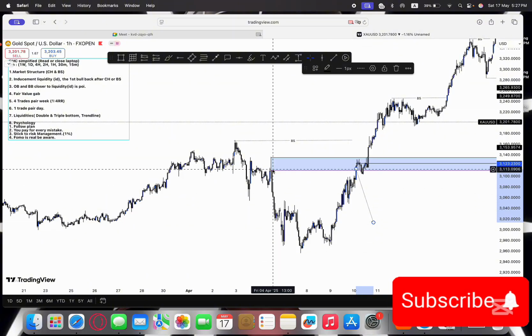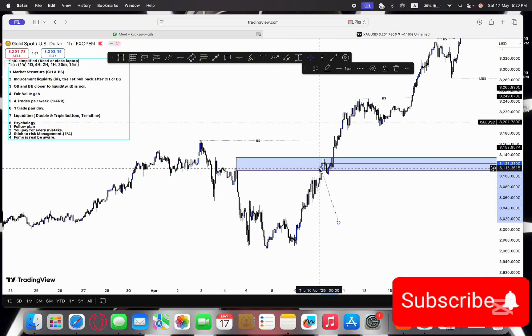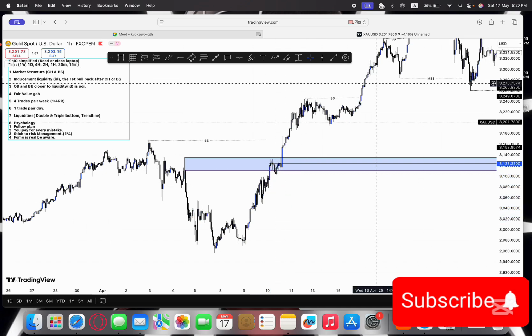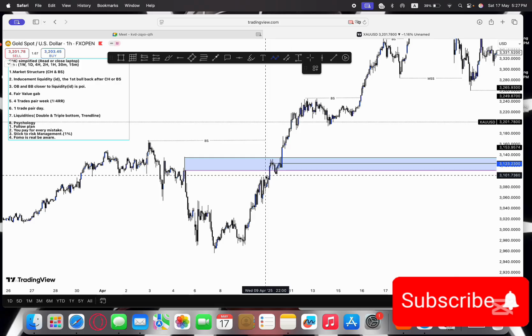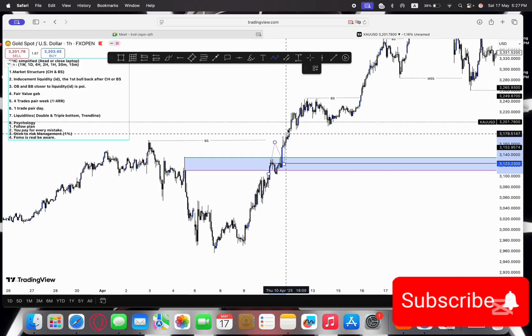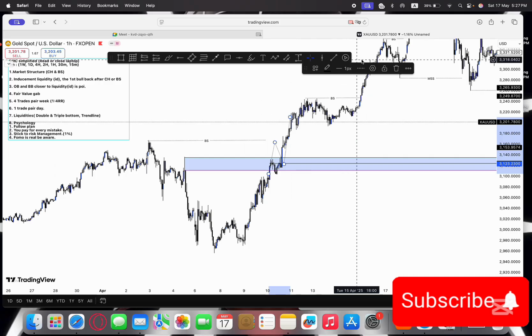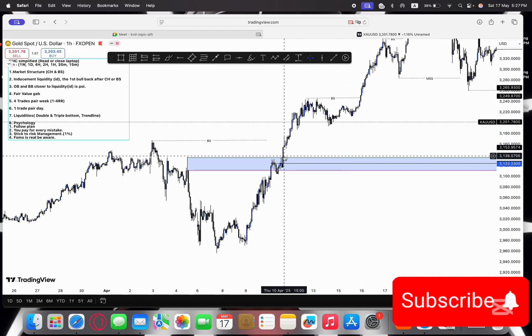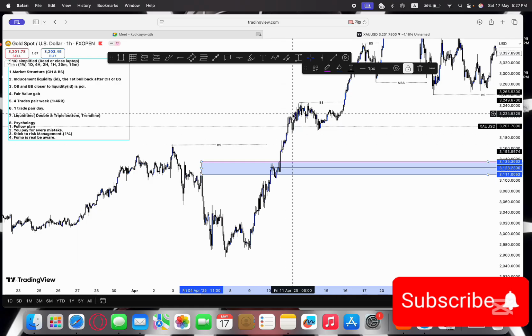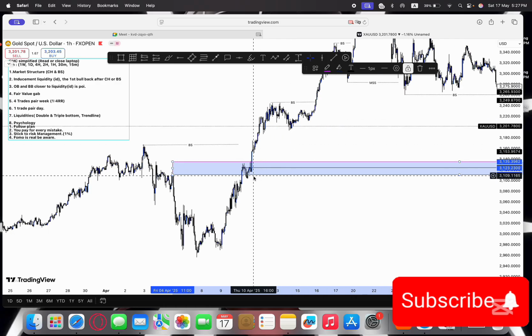So this breaker block is still valid so long as it hasn't been retested. If this breaker block was pushed up and later on came back to retest it and jump up, that one would have been a retested breaker block. But right now it just jumped away and never came back, so it is still valid.